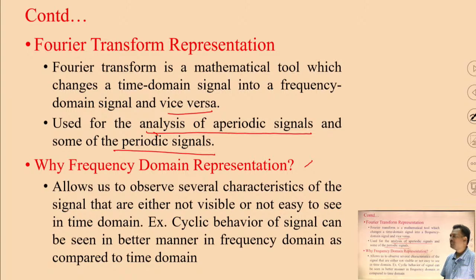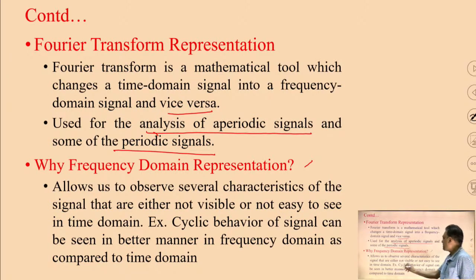In some cases the information is not available in time domain, or the information is there but it is not visible. So we use the Fourier transform to convert the signal from time domain to frequency domain, where several characteristics of the signal that are either not visible or not easy to see in the time domain can be easily viewed.